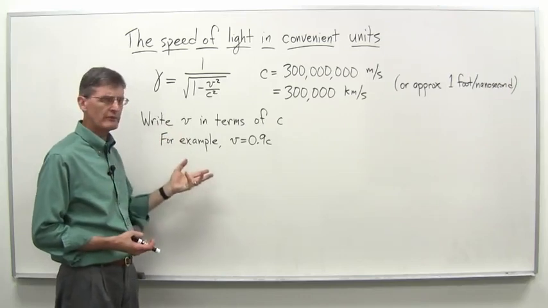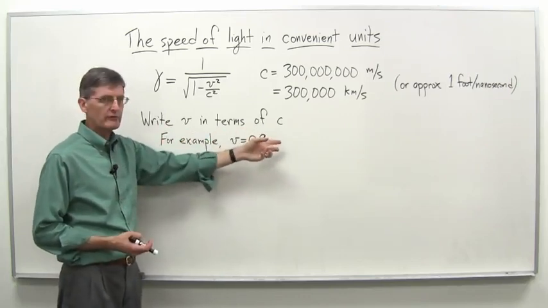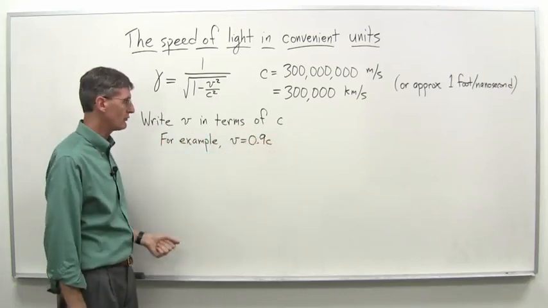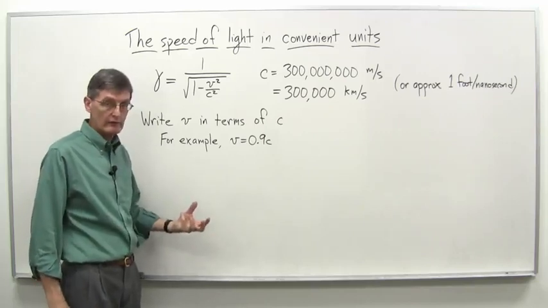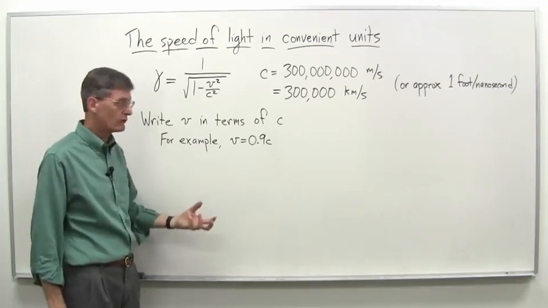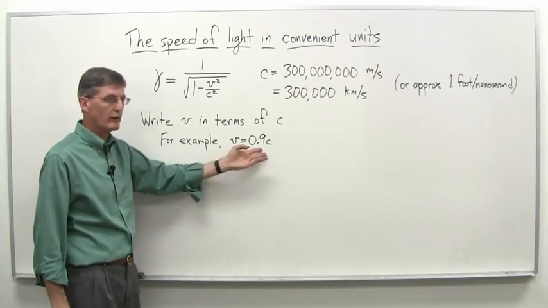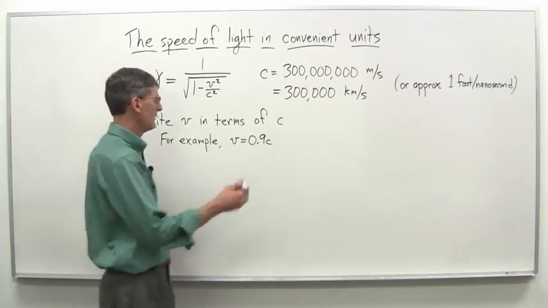But let's think about this a minute. If we write v in terms of c, which is certainly useful if it's a high velocity near the speed of light or a substantial fraction of it, for example v equals 0.9c, look what happens when we calculate gamma.